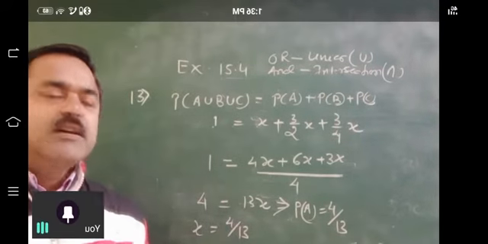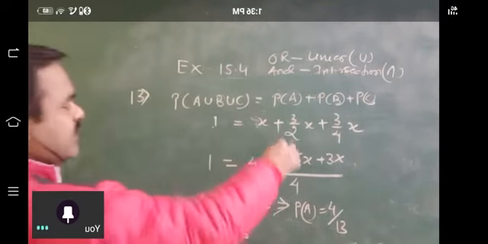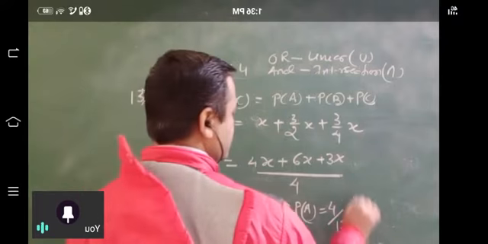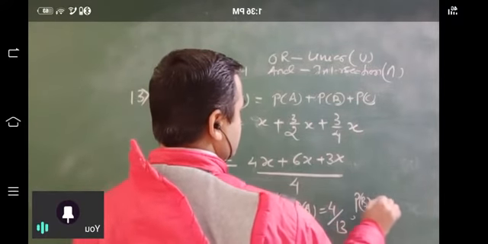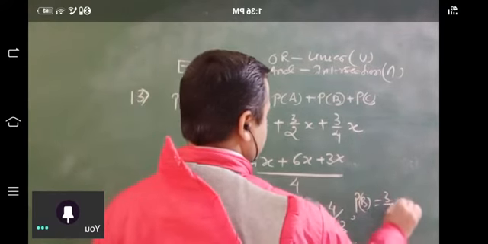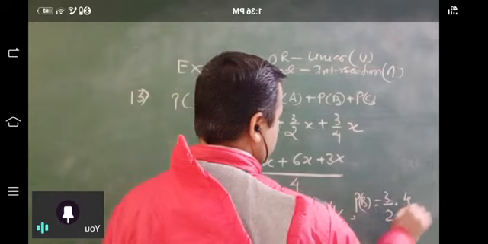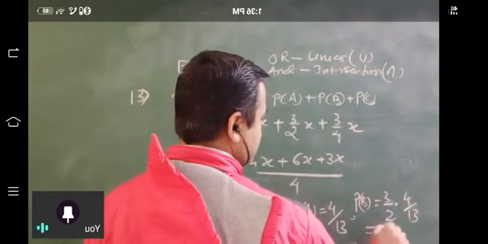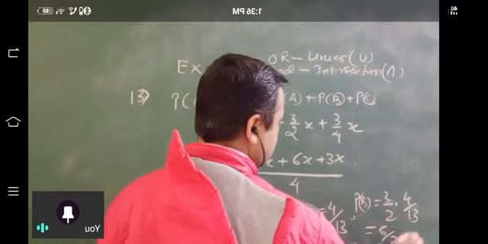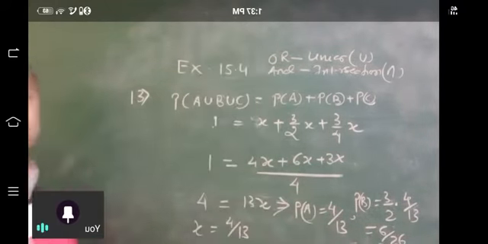If it is the probability of A, then the probability of B is 3/2 of X, that is 3/2 times 4/13, which is equal to 6/26.